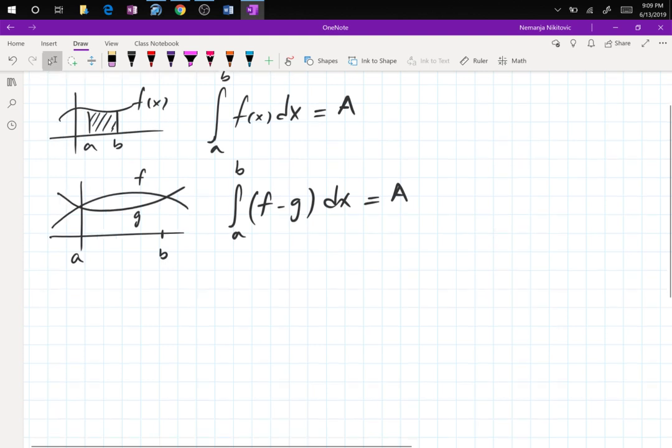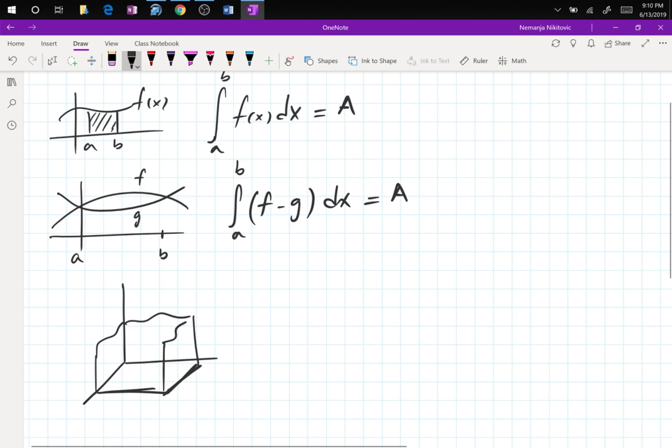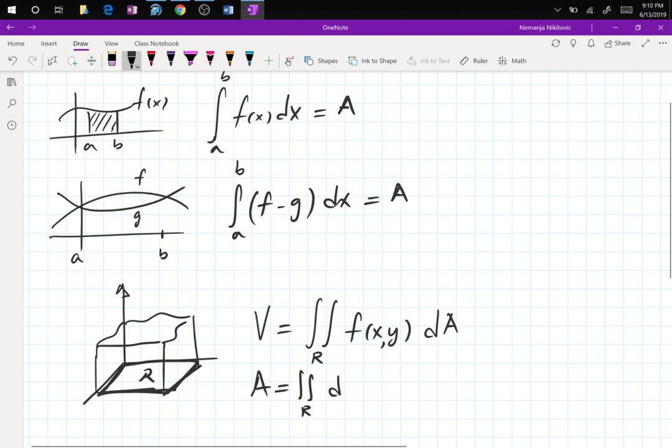From there, we went to the rectangular region double integral over region R. That was calculating volume if we have a double integral over region R for our function f of x, y dA, and it was calculating the area of region R if we did not have f inside, but the region was a rectangle.